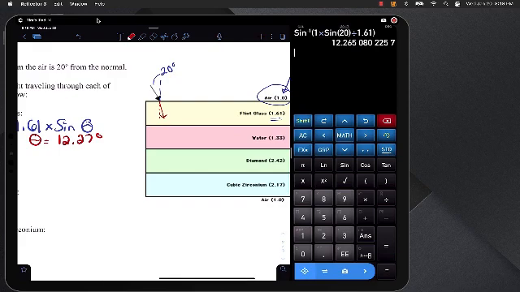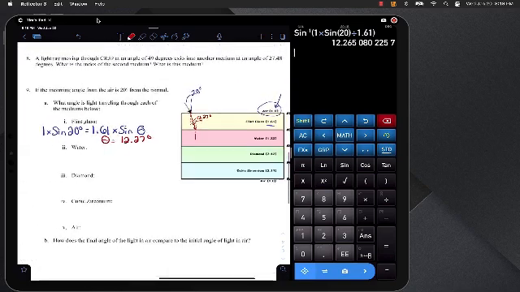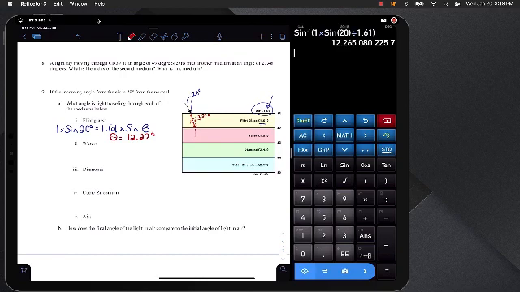Okay, so the second part, we know that the angle that light is passing through the flint glass is going to be that 12.27. Once it strikes the water here, that angle is going to be 12.27 degrees off of the normal. We're going to use that existing angle to help identify the angle of refraction that's going to occur as it passes from that flint glass into the water.